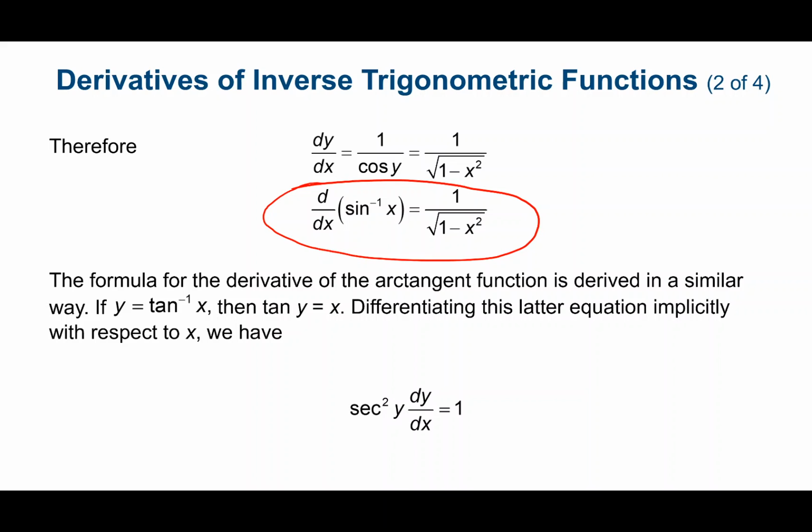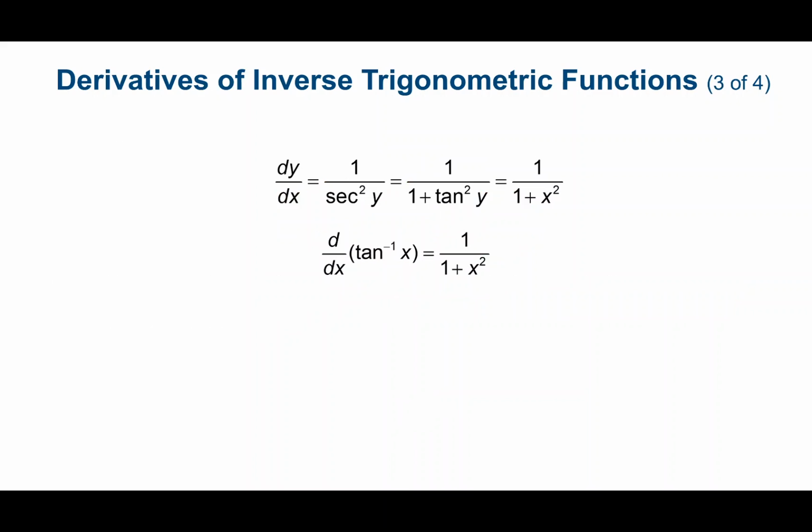And then tangent inverse is another one that comes up fairly often, and we won't worry about the whole process there, but here's where we end up. So we need implicit differentiation to be able to derive these, so that's why they get thrown in this section.